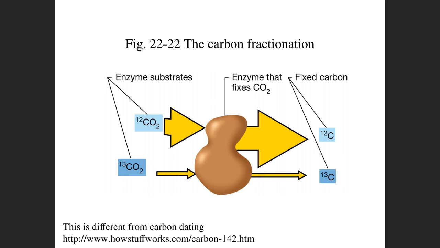So, for example, you can measure the different forms of carbon, the CO2, C12 versus C13. And as it turned out, remember the Calvin cycle, right? In the Calvin cycle, there were two enzymes that fix CO2, and when they fix CO2, these enzymes actually have a preference.